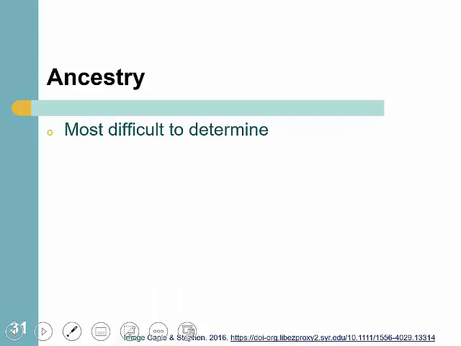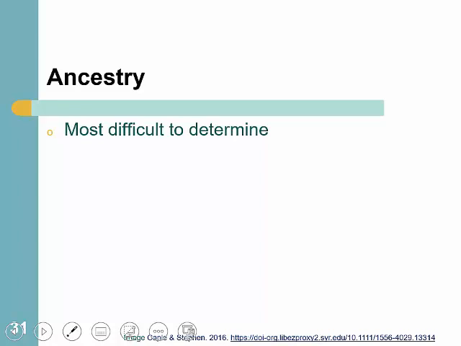So that does bring us to the idea of ancestry. I've mentioned it a couple times already. Ancestry, or a person's origins, can be the most difficult thing to determine, particularly in our society, where we are the melting pot and people of different races and ethnicities and ancestries have procreated and have children now who have mixed ancestry.